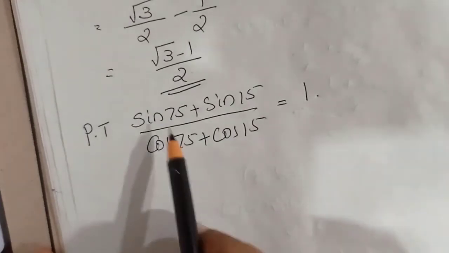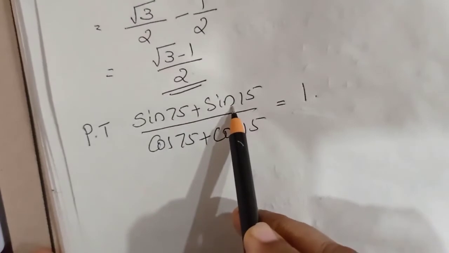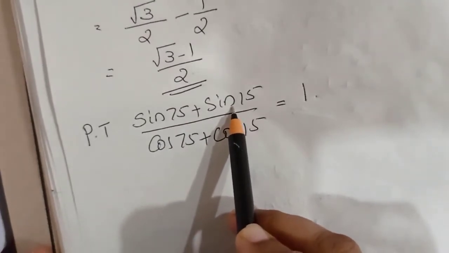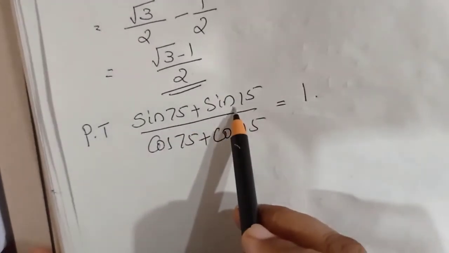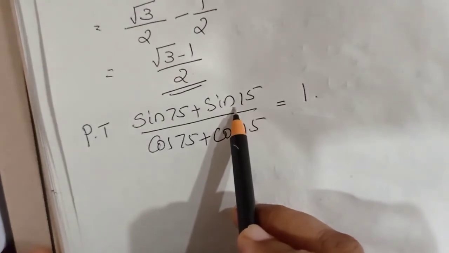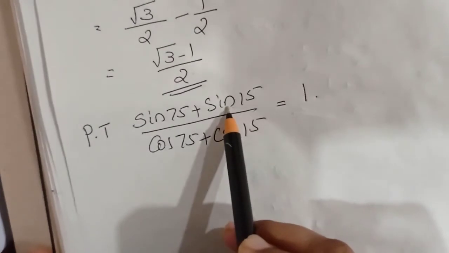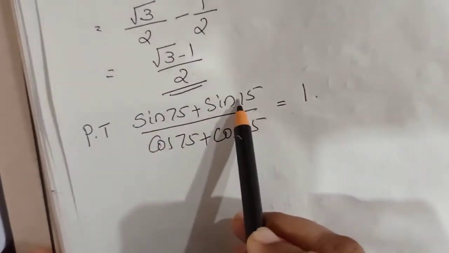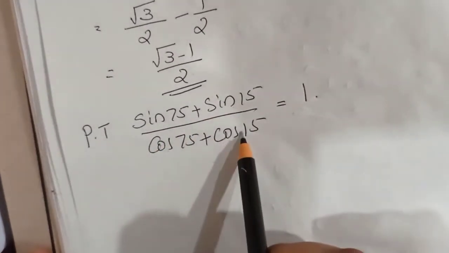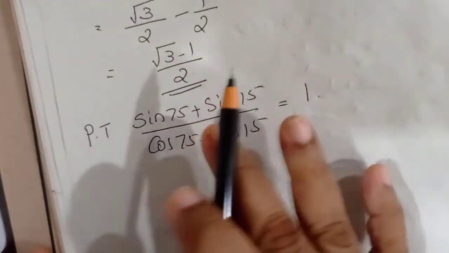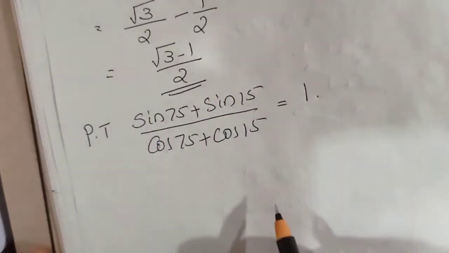Can you say what is sin C plus sin D? Look here, when we take this sum or difference formula, a very important factor is that both must be sin C plus sin D or cos C plus cos D. We cannot write sin and cos together.